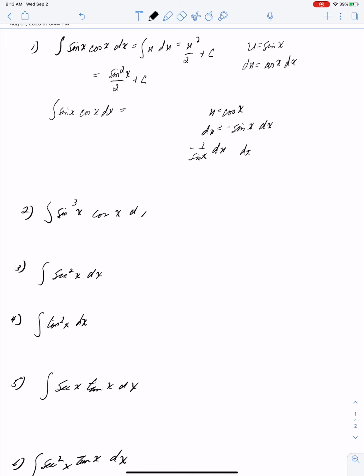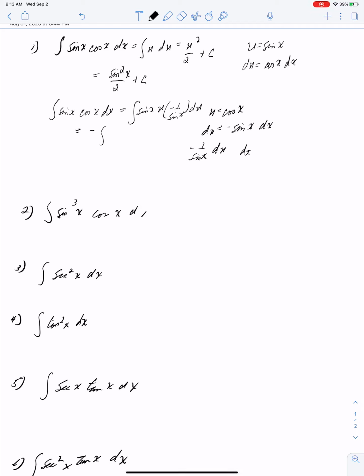And if I fill everything in, I get the integral of sine x, it's still there, cosine x, which is u, and then dx, which is minus 1 over sine x du. Now you will notice that my sine x's cancel, and I get a negative on the outside.